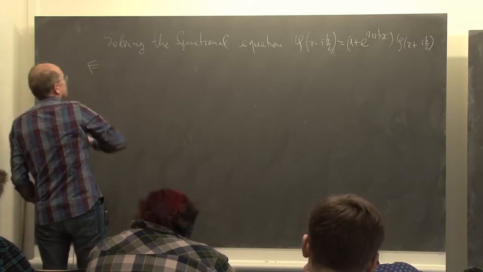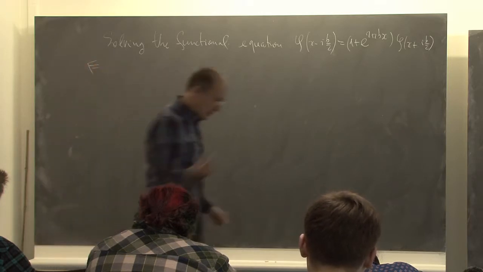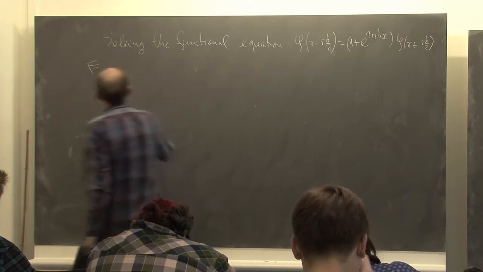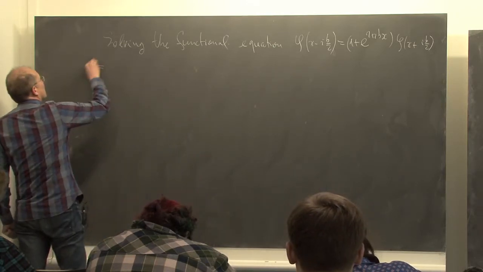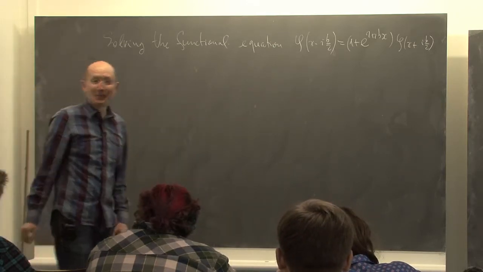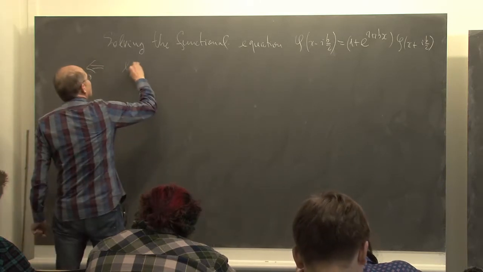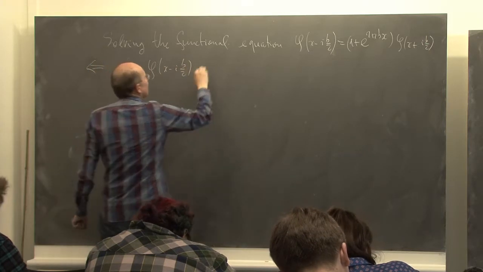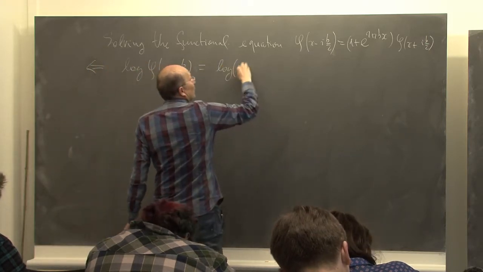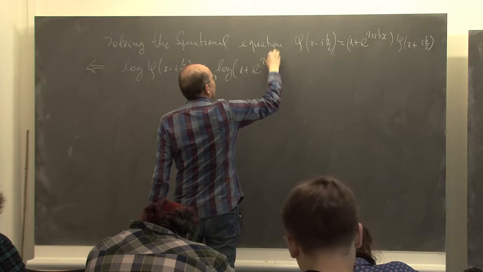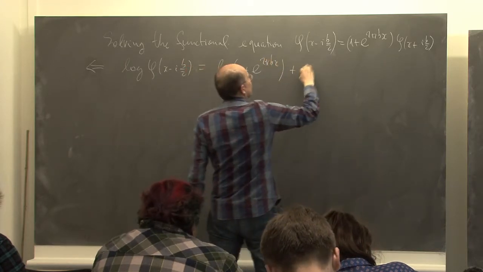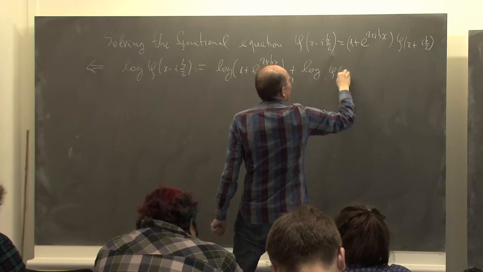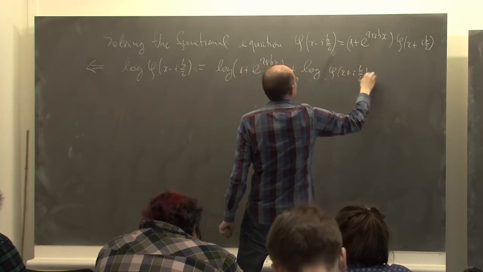Maybe logarithm after all is not quite invertible. So to avoid your complaints about that, let me put it like this and write: log phi of x minus ib over 2 equals log of 1 plus e to the 2 pi bx plus log of phi of x plus ib over 2.